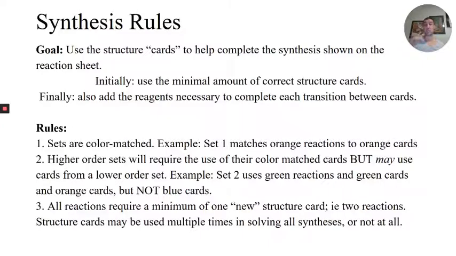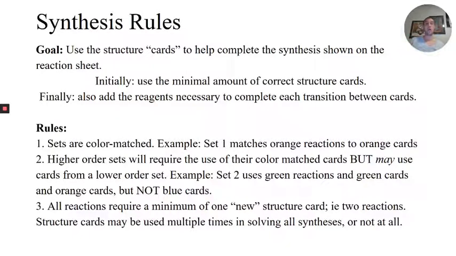Higher numbered sets require the use of their cards, but can also use earlier set cards. So a set 3 synthesis can use set 3 cards, set 2 cards, or set 1 cards, any of the above. But set 1 syntheses can only use set 1 reagents or cards.